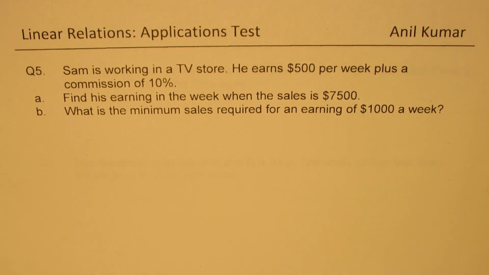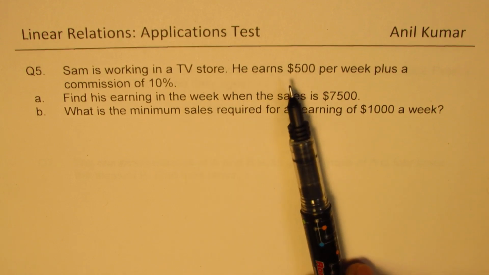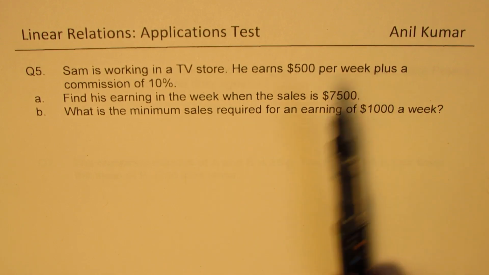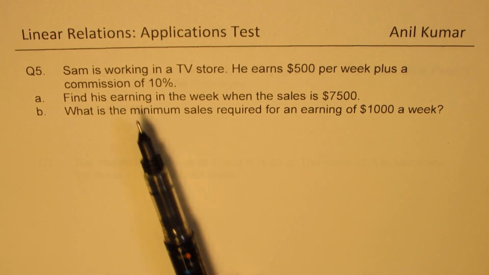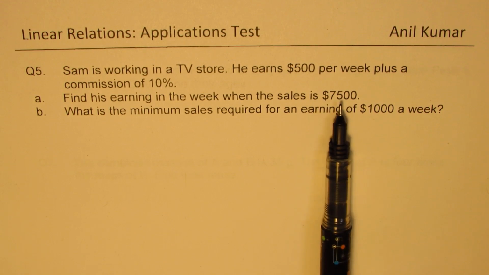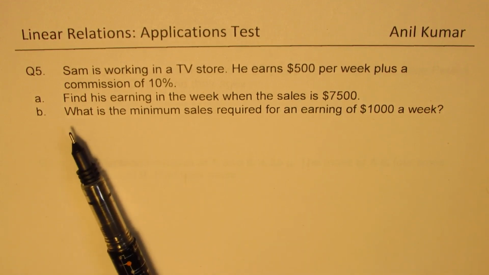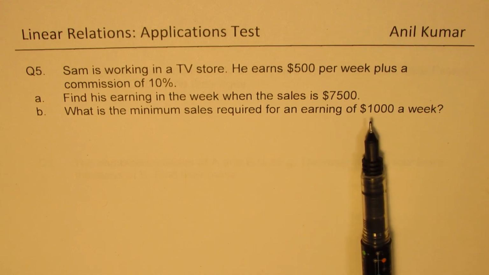Question number 5 is, Sam is working in a TV store. He earns $500 per week plus a commission of 10%. Find his earning in the week when the sales is $7,500. What is the minimum sales required for an earning of $1,000 a week?